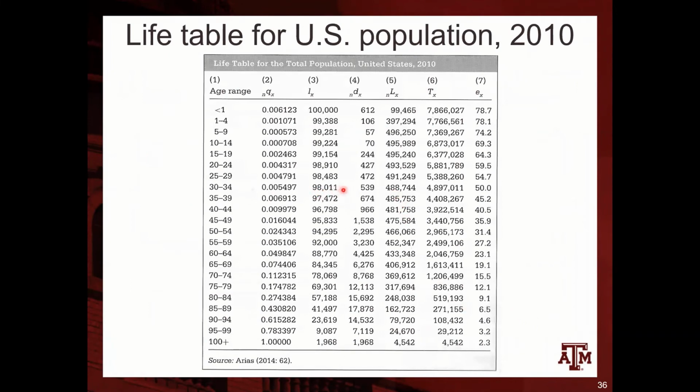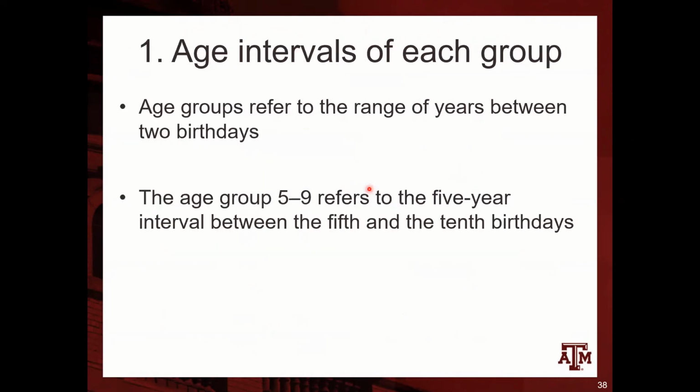If all these people who were 30 years old were alive at age 35, it means that nobody died here, 0 people died here. So the big Lx, Lxn column would be 98,011 multiplied by 5, and then we would have those 490. But since we have deaths here, we have to subtract that, right? And we have specific formulas that I'm going to show you.